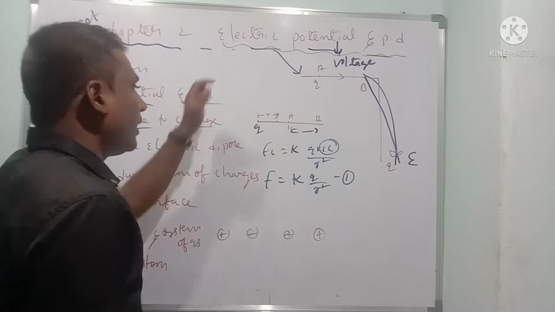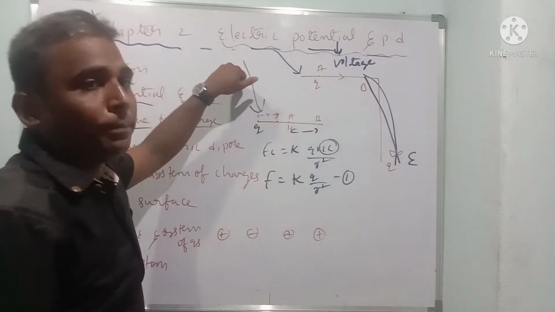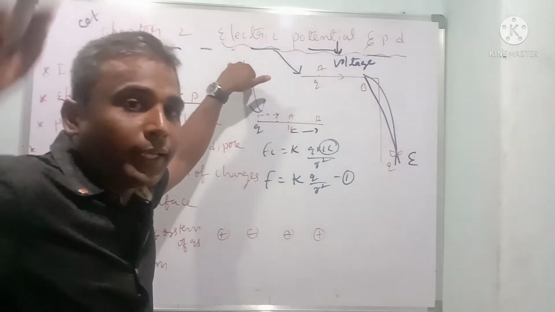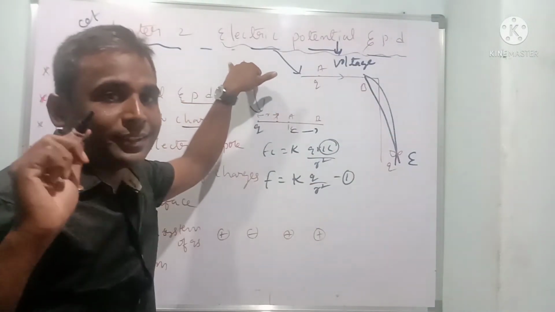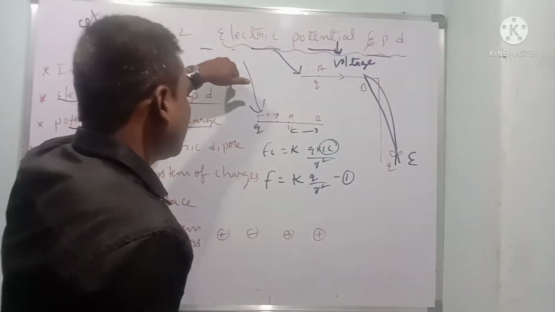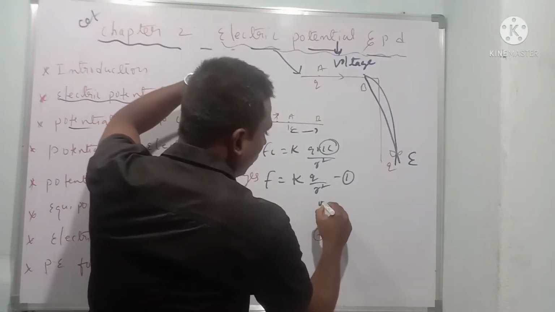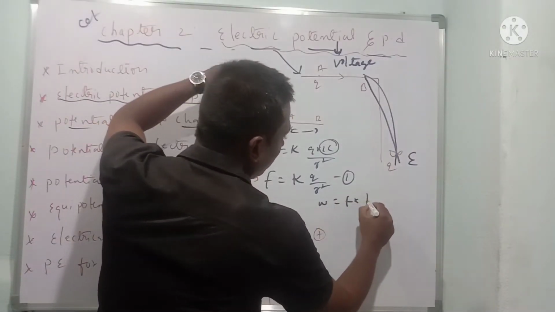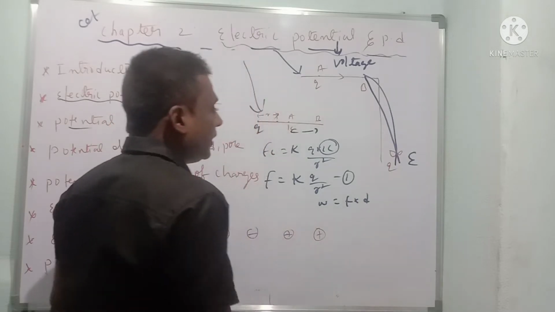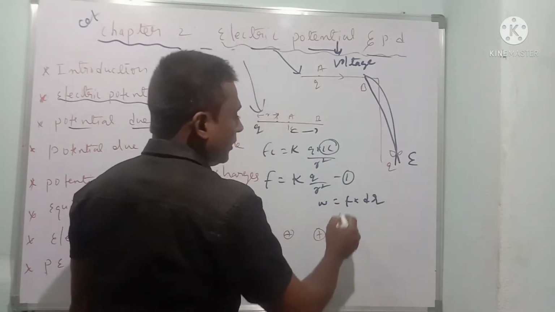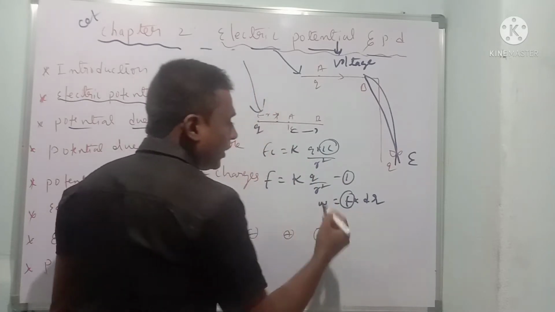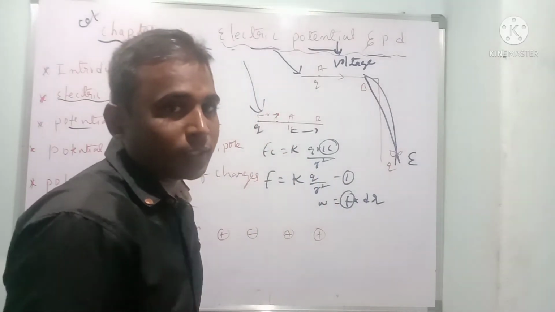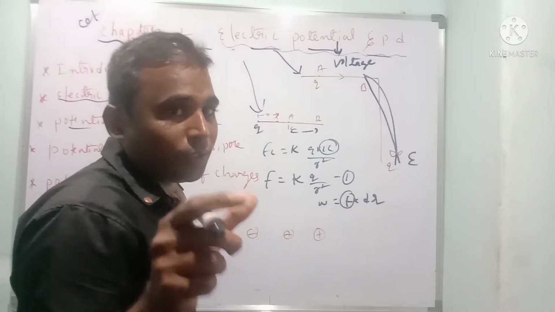Now the amount of work done we have supplied to move the charge from infinity to one point, or one point to infinity, is against the electric field. We know that work is equal to force into distance. Here the distance will be dr. Always remember, force and work done are opposite to each other.